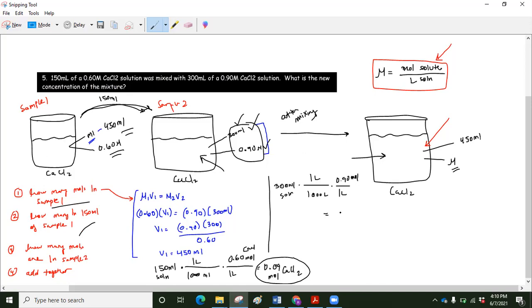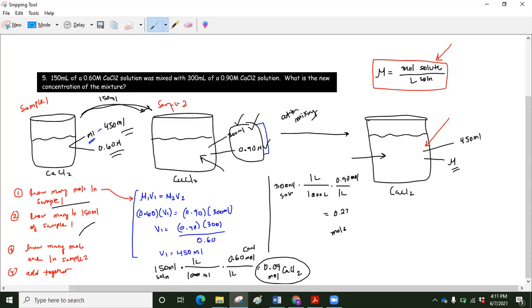Plugging this into a calculator, you'll do 300 times 0.90, and then divide by 1,000, and you'd get 0.27.